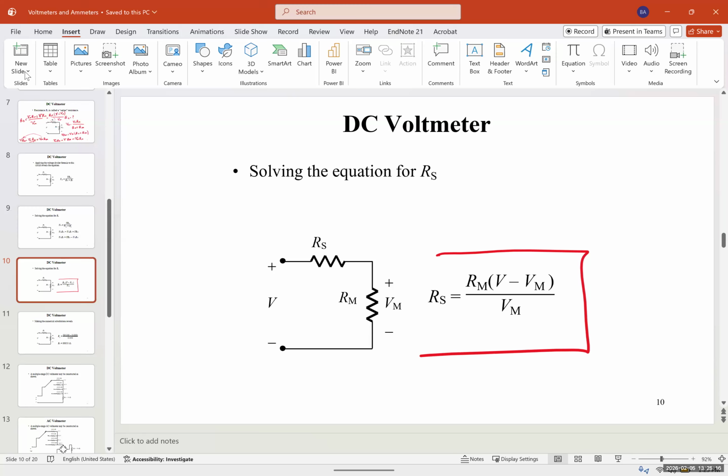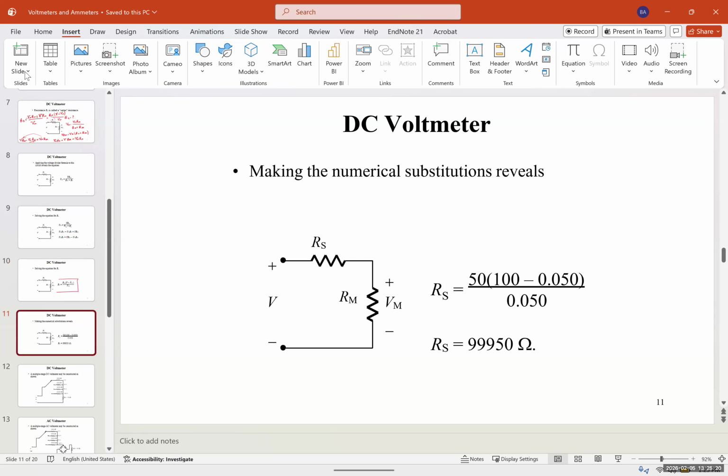Now let's solve an example, and I will give you another example. Imagine that we want to find Rs. Rm is going to be equal to 50.